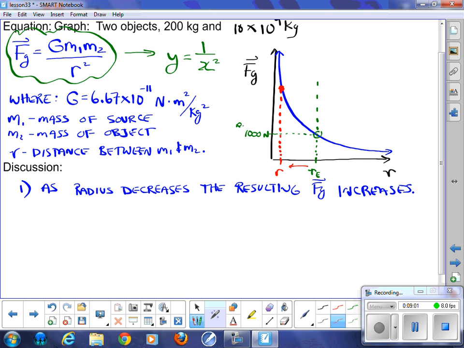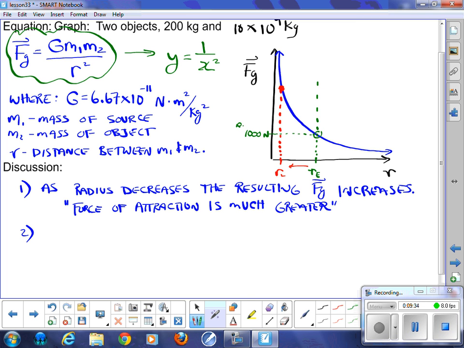There's a significant increase between the two. So Fg increases, and the force of attraction is much, much greater. The closer two objects are, the greater the force, and the graph shows why that is.